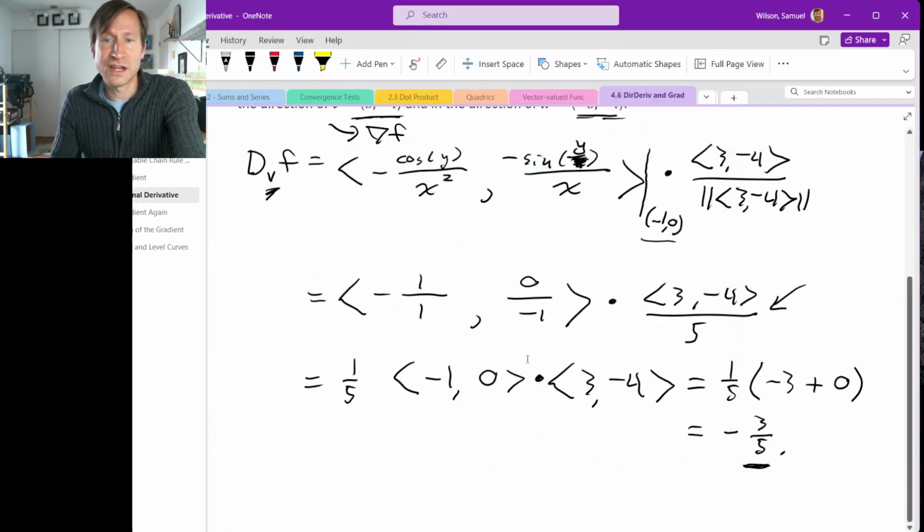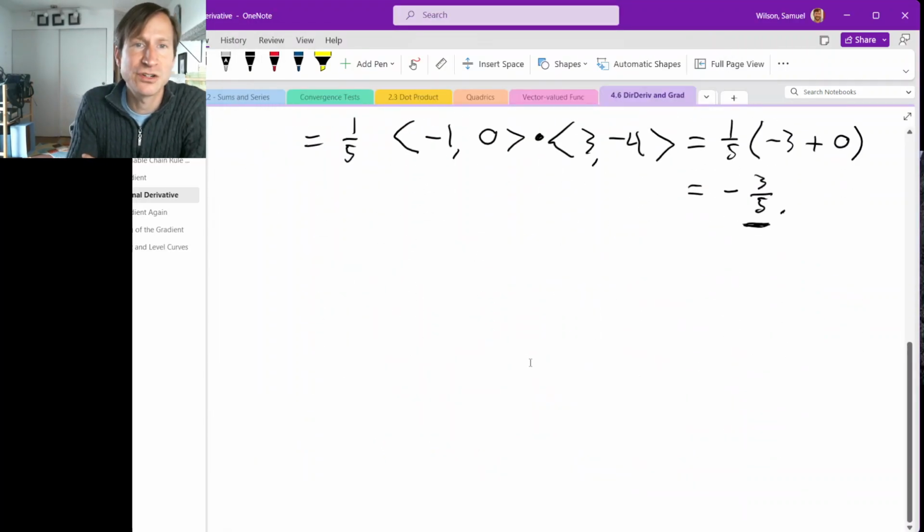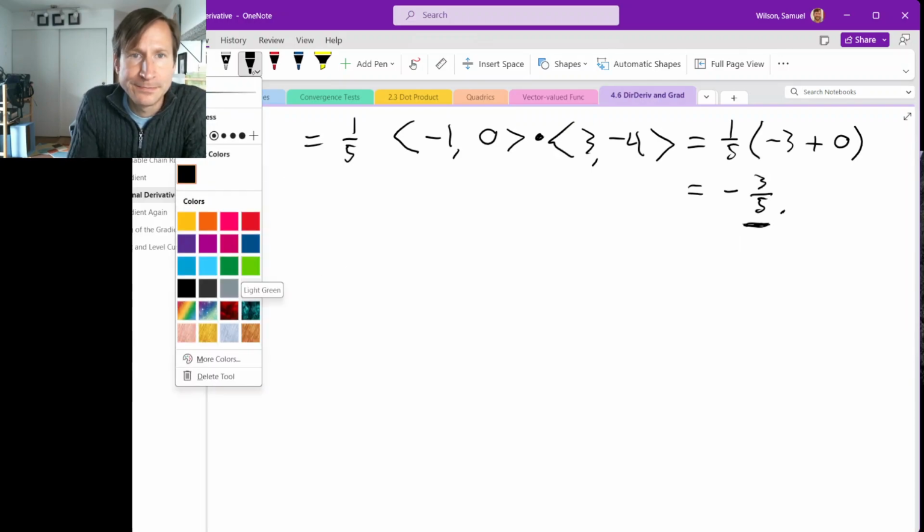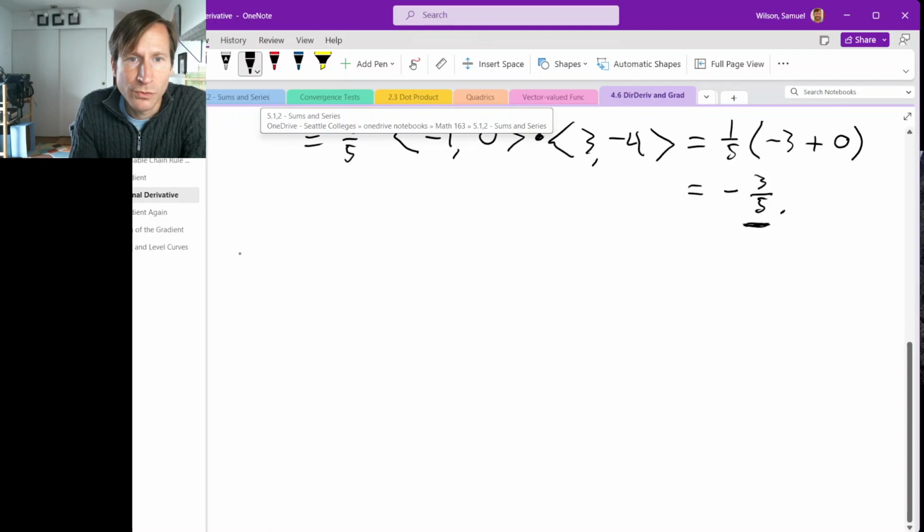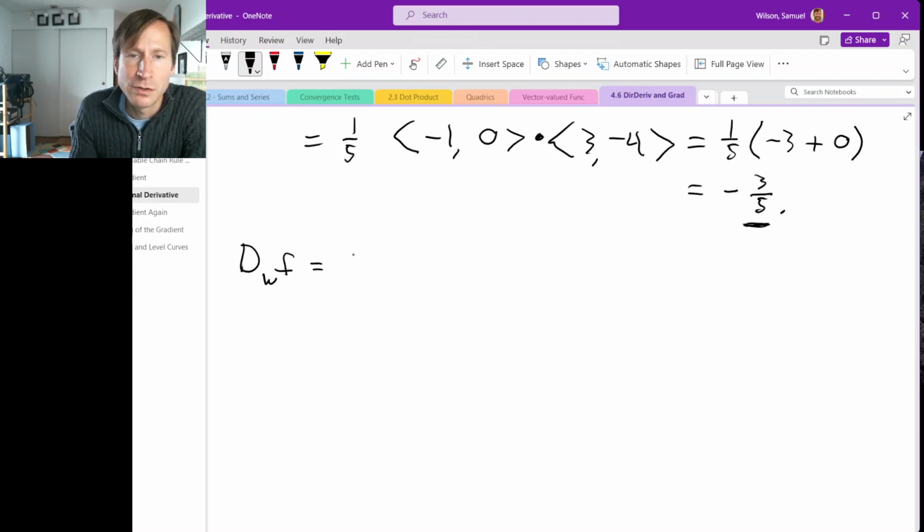Let's look at the other vector. Remember, we had another vector, which was w. So let's find the slope of this graph in the direction of w. Okay, since we're at the same point, the gradient vector, once we evaluate it at our point minus 1, 0, will still give us this same vector.